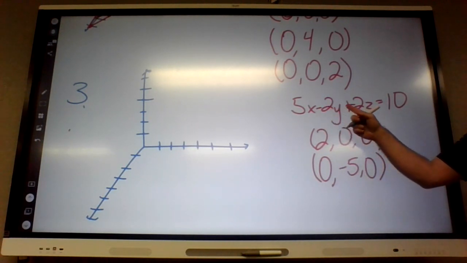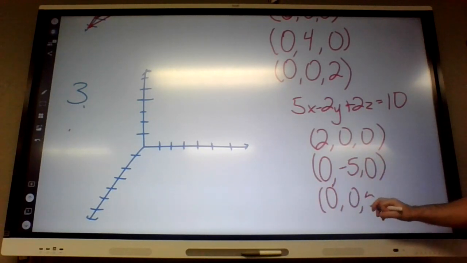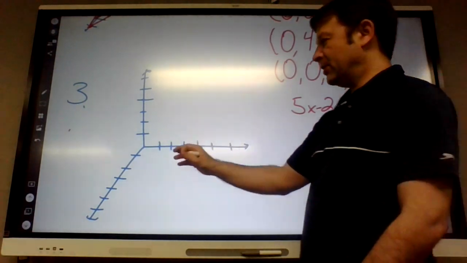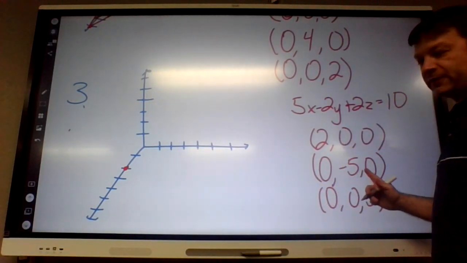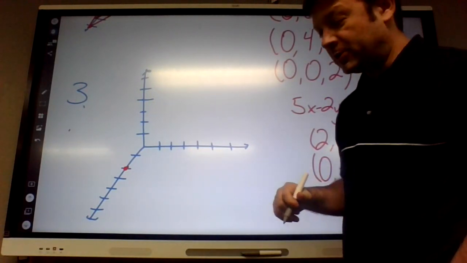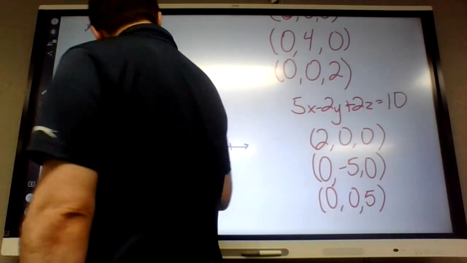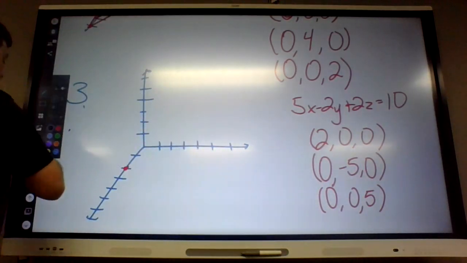And if x and y are 0, 2z equals 10, we would need z to be positive 5. 2, 0, 0, right there. 0, oh, negative 5. Threw me a curveball, I didn't think they were going to do negatives. It's not that big a deal though. You can still do it.